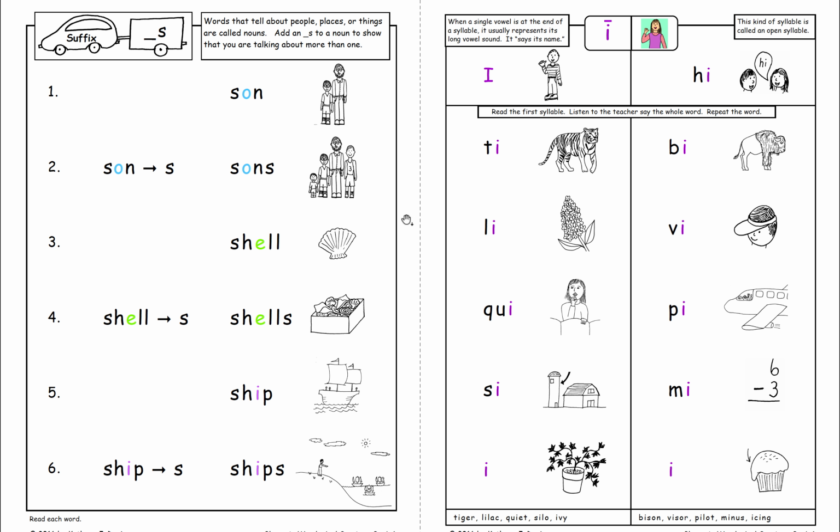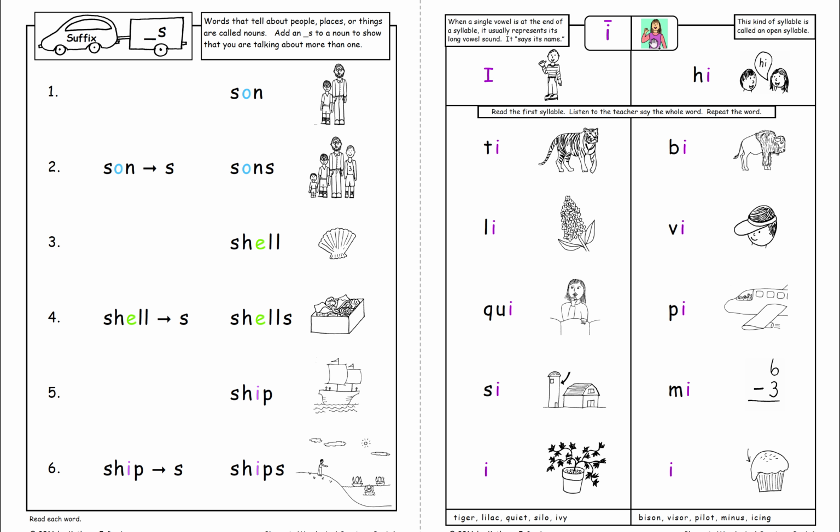On this page, we're going to talk about the letter I. When the letter I appears at the end of a syllable, as it does here and up here, it's going to say the long I sound.